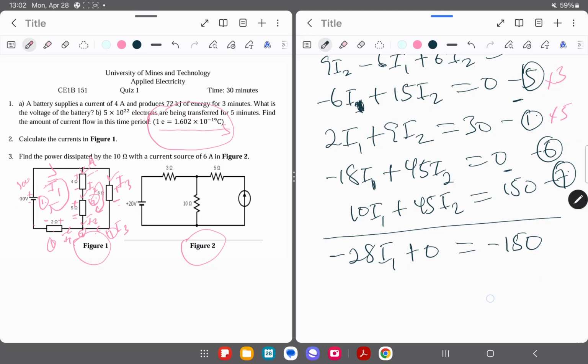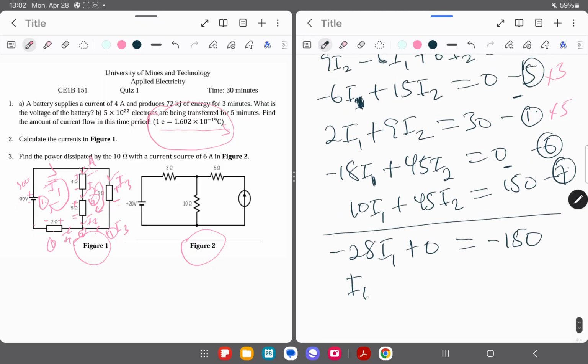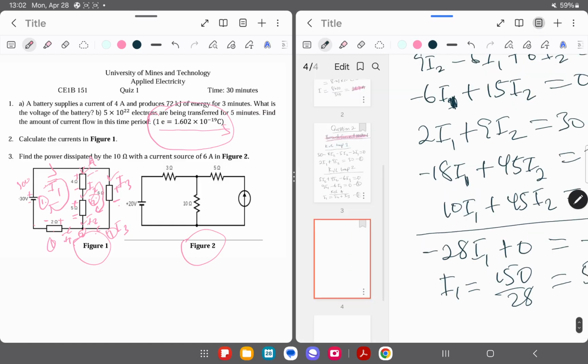So you can see here I1 will be equal to 150 over 28, 150 divided by 28, which is going to be equal to 5.357 amps. We get this answer. That is for I1.